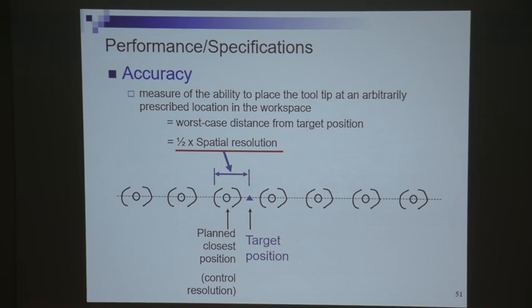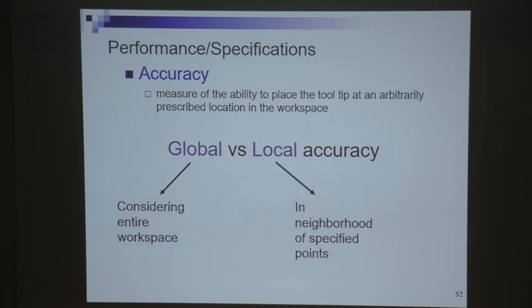When you look at a robot manipulator, you need to know all this performance. When you want to specify your robot for your specific application, you need to know all these things. Accuracy is essentially the measure of the ability to place a tooltip at an arbitrarily prescribed location in the workspace. There are two accuracies: global accuracy and local accuracy.